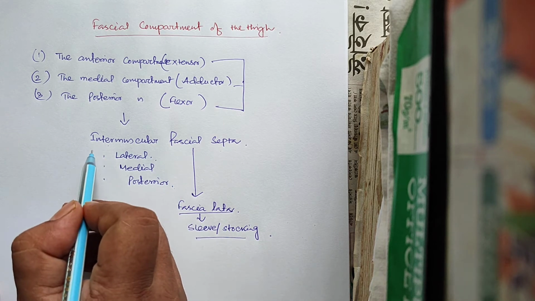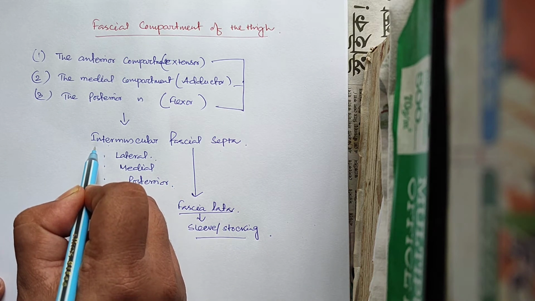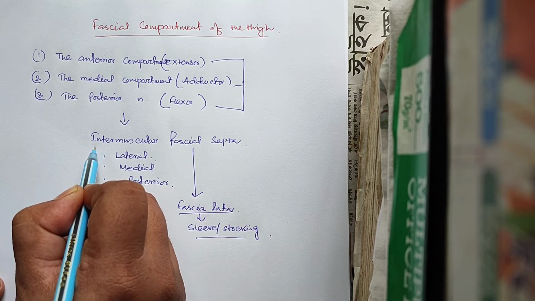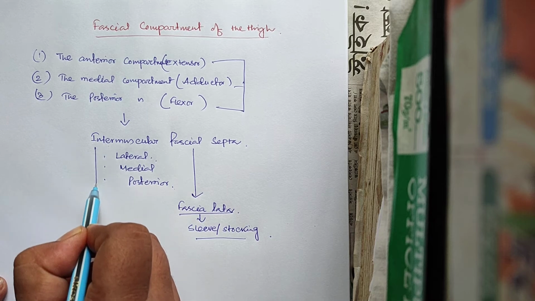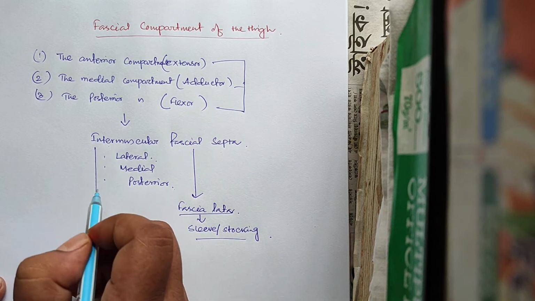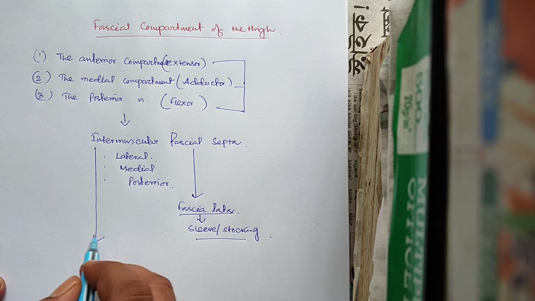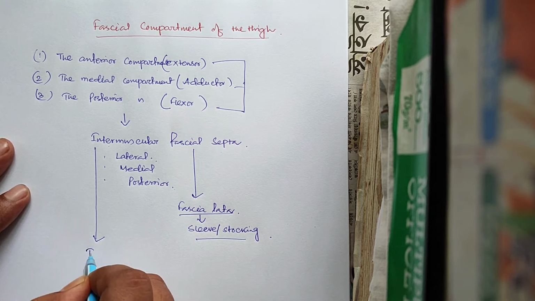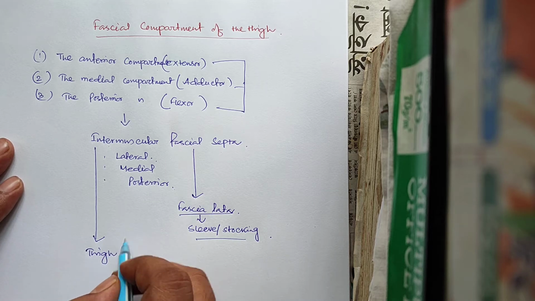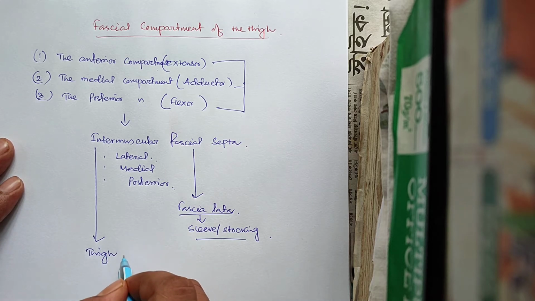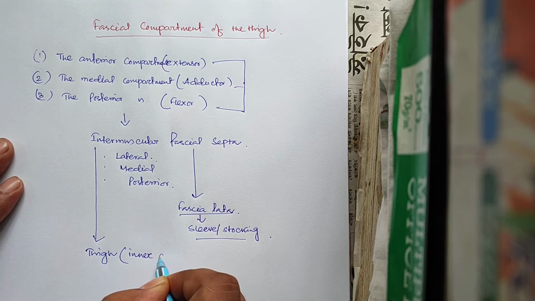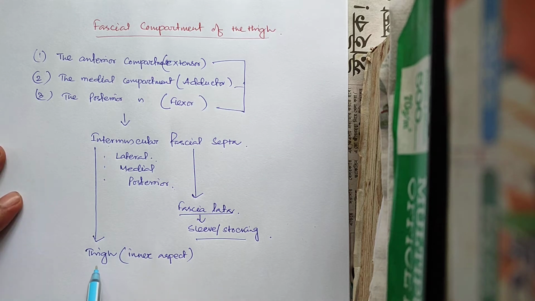And this intermuscular septum passes from the inner aspect of the deep fascial sheath of the thigh to the linea aspera of the femur. The linea aspera of the femur is found on the shaft of the femur.